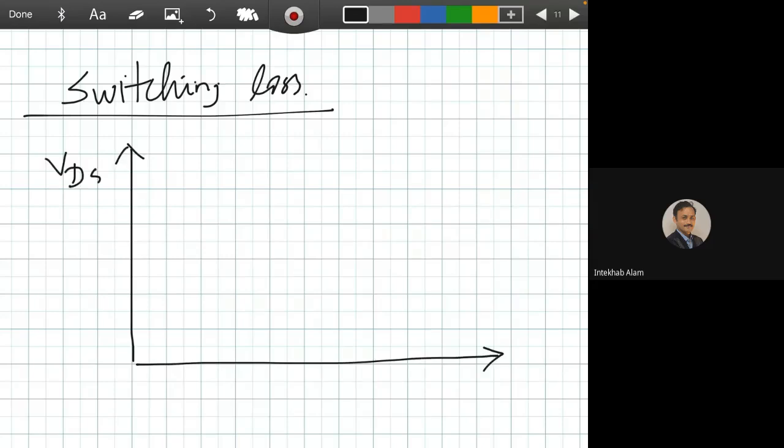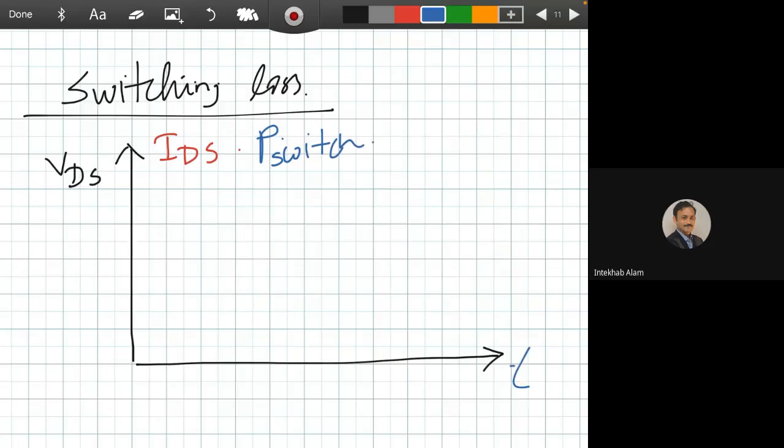VDS, IDS, power at the switch. When the switch is off, here is the time.